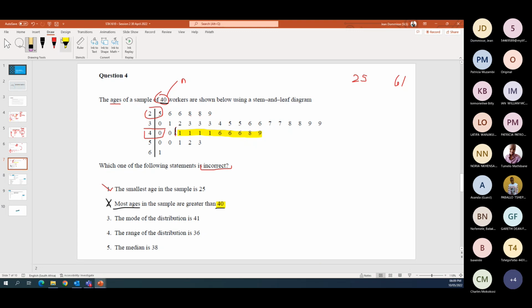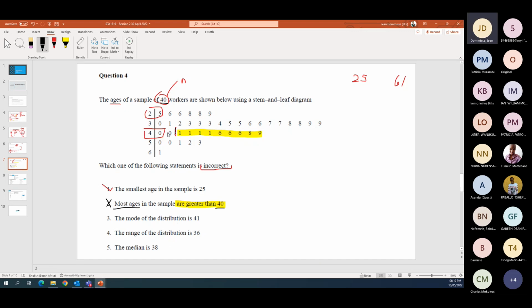So they ask us the sample of greater than 40. So then I look at the data. The data starts at 25. That one goes up to 29. We start with age 30 again, up until age 39. Here is age 40.